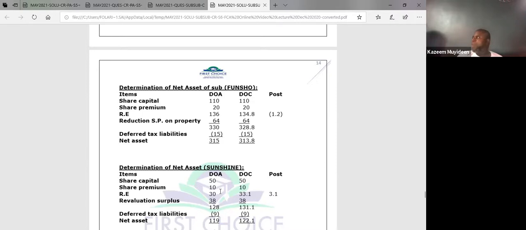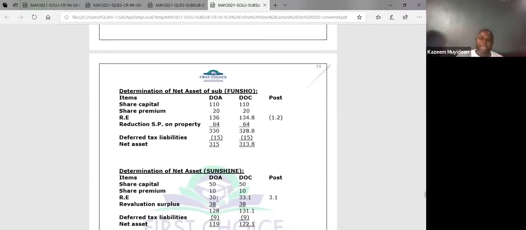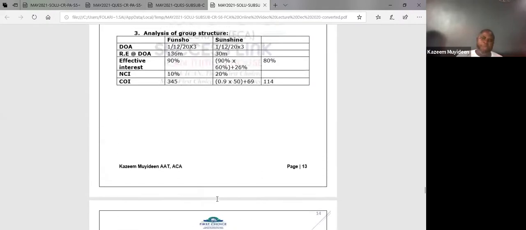Revaluation surplus of property, which is, I will add this together, 50 plus 10 plus 30. That will give me what? 90. Minus it from 128, it will give me 38. Credit revaluation surplus, credit reserve, and debit the PPE plus 38.